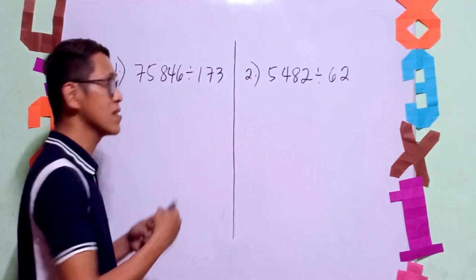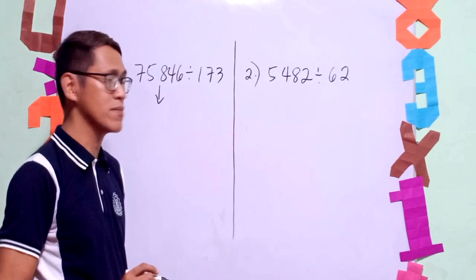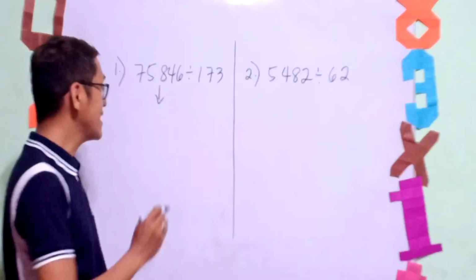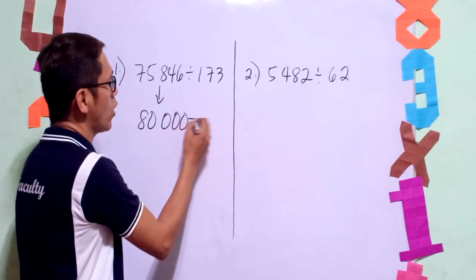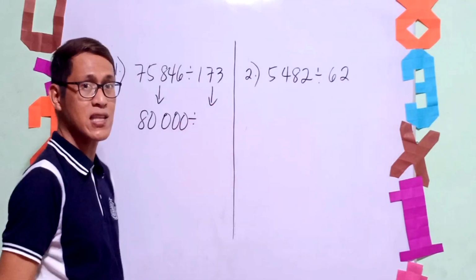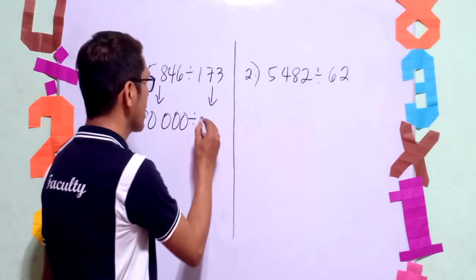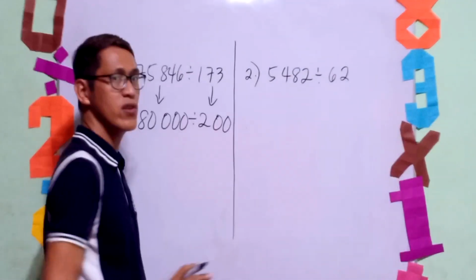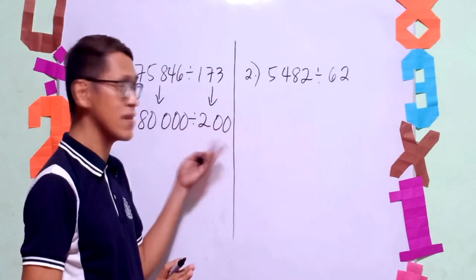So what's the first number when we round off to the highest place value? Yes, 80,000. What about the second one? Round off the highest place value, that will give you 200. Correct. Again, before you divide, cancel the zeros starting with the divisor.